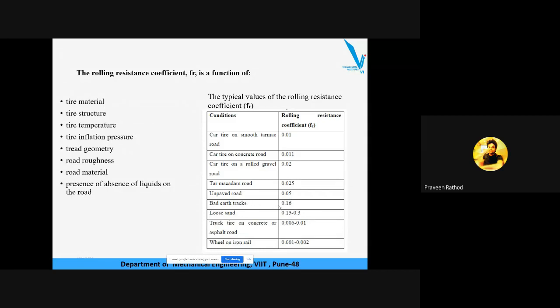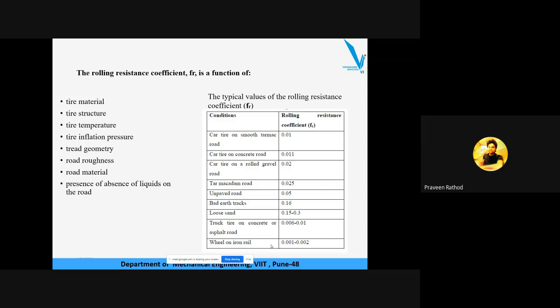For a bad earth track we have a value of 0.16, and loose sand 0.15 to 0.3. A truck on a concrete or asphalt road ranges from 0.006 to 0.01. A wheel on an iron rail, for the rail vehicle, has very little rolling resistance, 0.001 to 0.002.